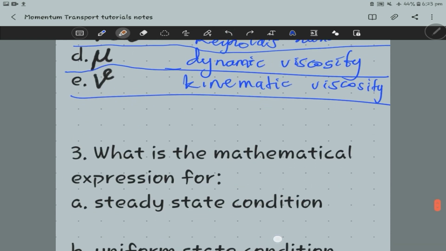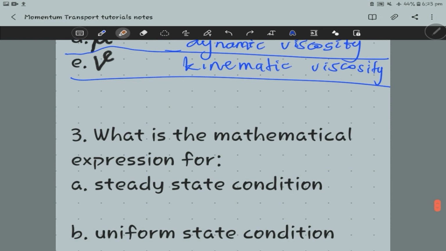Okay. Here's another question. What is the mathematical expression for a steady state condition? All right. So what do we say a steady state condition is? I guess by now you've said it off head, right?